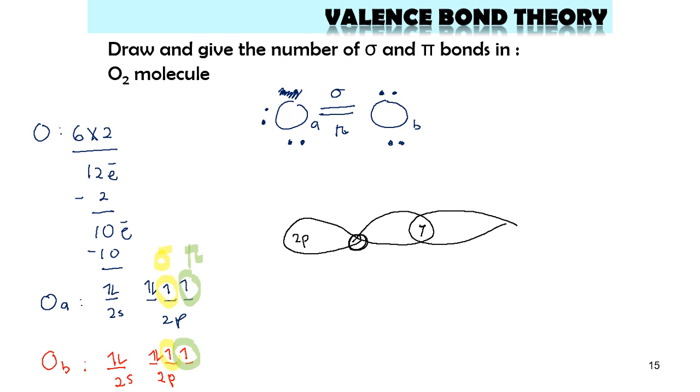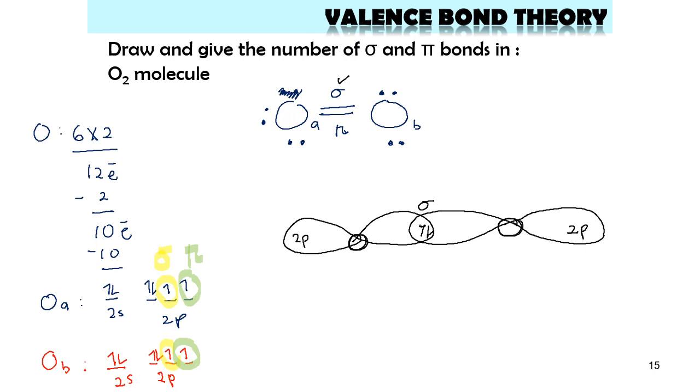So we just draw the overlapping. And this is also oxygen, and this is from 2p orbital, and pair up the electron and then label sigma bond. Okay, so settle with sigma bond.